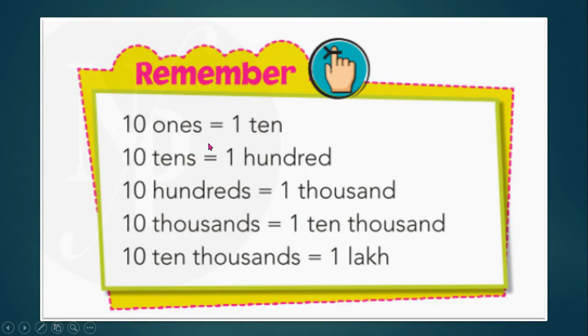You should know and remember these. 10 tens is equal to 100. 10 hundreds is equal to 1000. 10 thousands is equal to 1 ten-thousand. 10 ten-thousands is equal to 1 lakh. You should remember all these facts which you need while regrouping the numbers when you add or subtract.